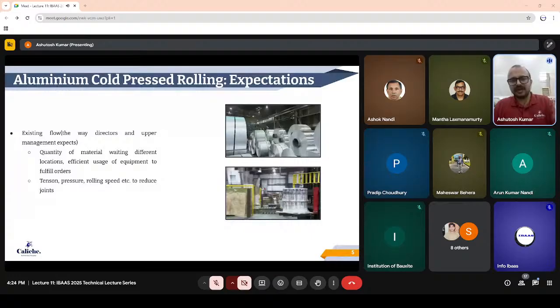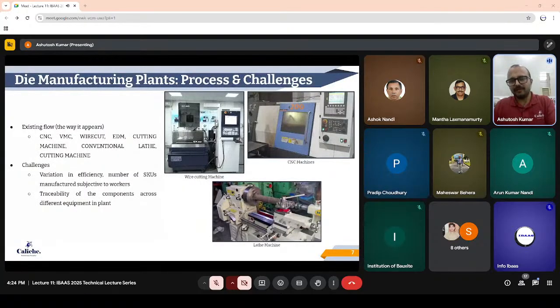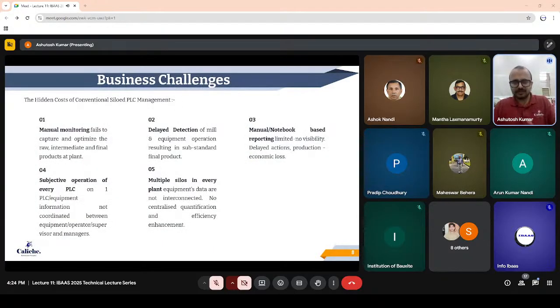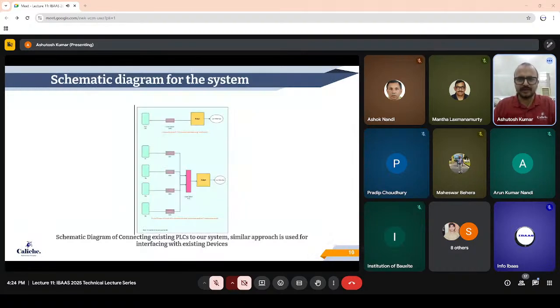That does not happen in aluminum rolling mills, extrusion mills, or die manufacturing plants. We have seen that at some places it is because of the expertise of manpower, while at other places it can be intentional, because of the pressure at the top, and the people operating the machine are not able to gauge it properly.